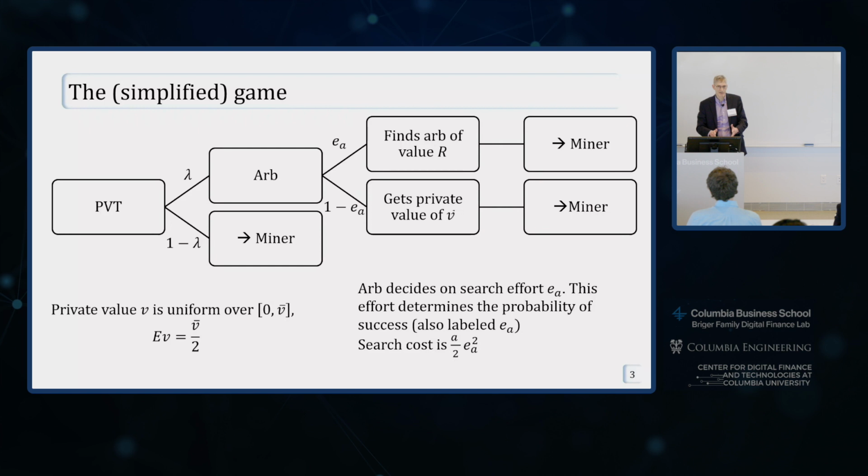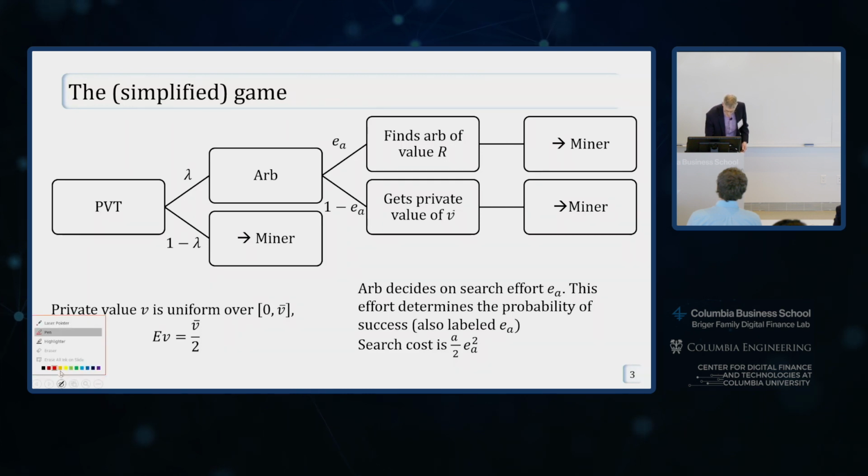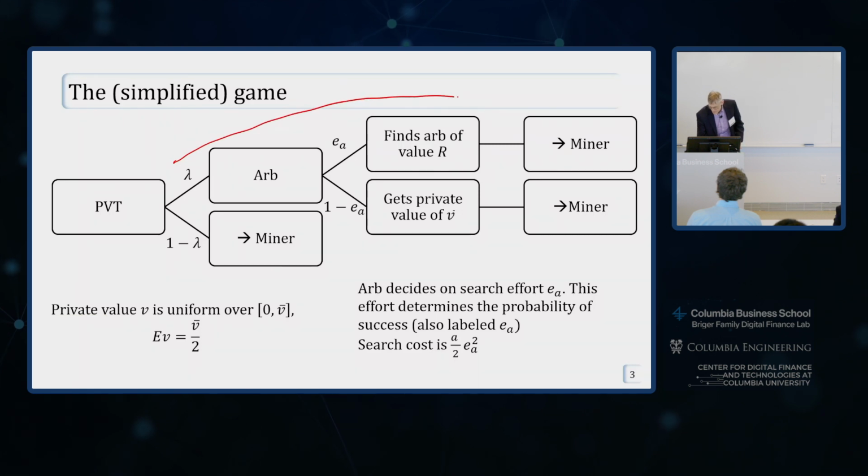Even if they're drawn, they have to expend some effort to possibly uncover an arbitrage. If they do, that's great for them. We are at the topmost branch here, and everything goes right to the miner.